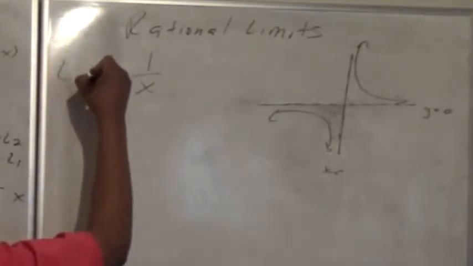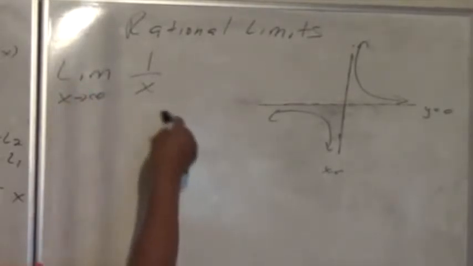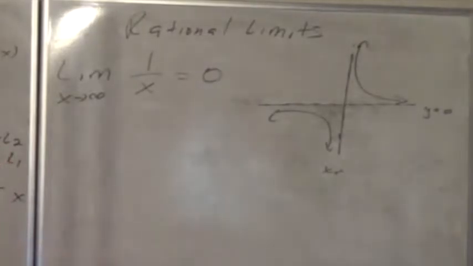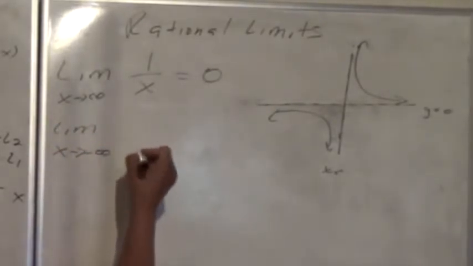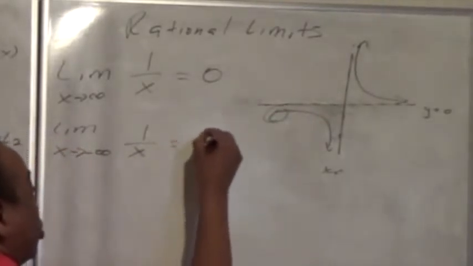So as I take a limit of this particular function as x goes to positive infinity, we find that the limit is 0 to the right, and the limit as x goes to negative infinity from the left of the same function back here is also 0.